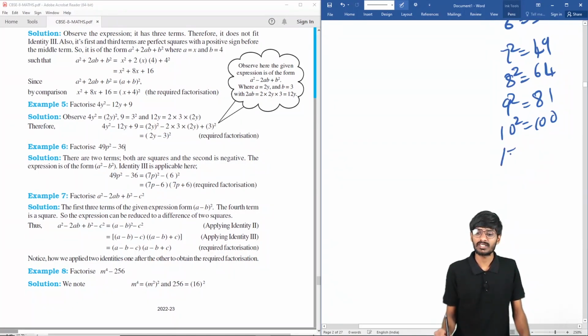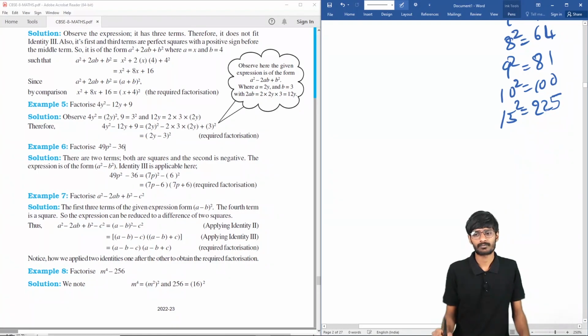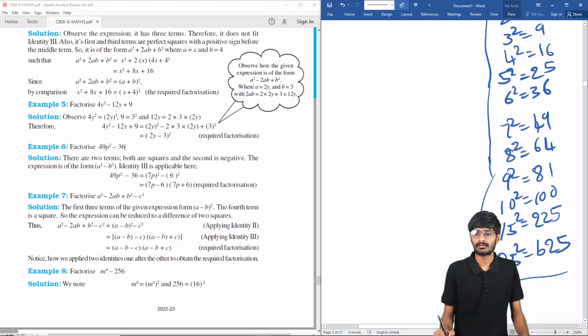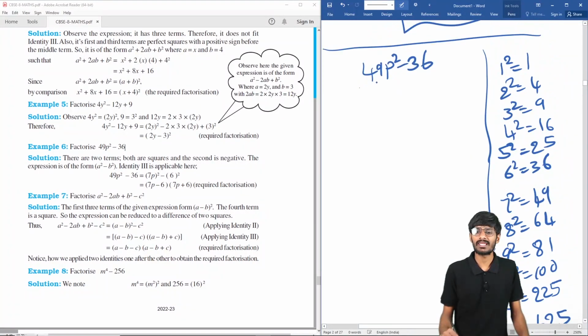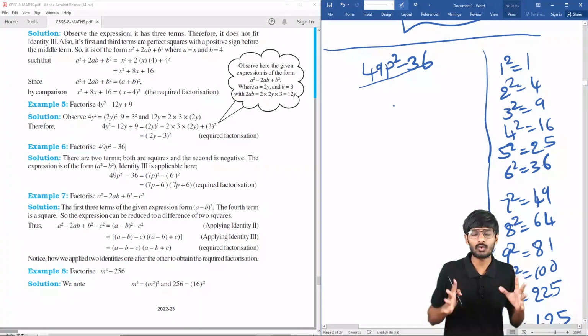And further 15 square is 225, next 25 square is 625. You have to remember at least these squares, so that by seeing them you will immediately get a clue for it.